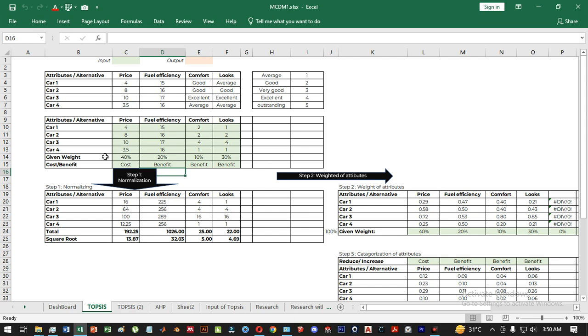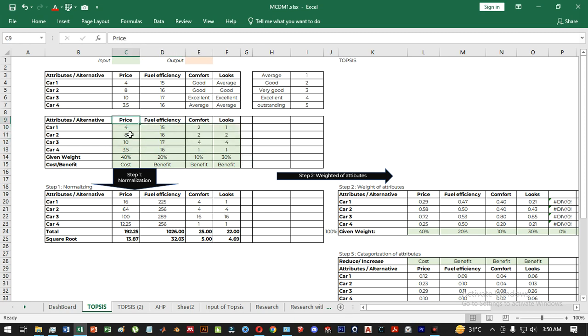And by the way, this method is called TOPSIS, one of the most used multi-criteria decision making methods. After that, we have to give the weight.